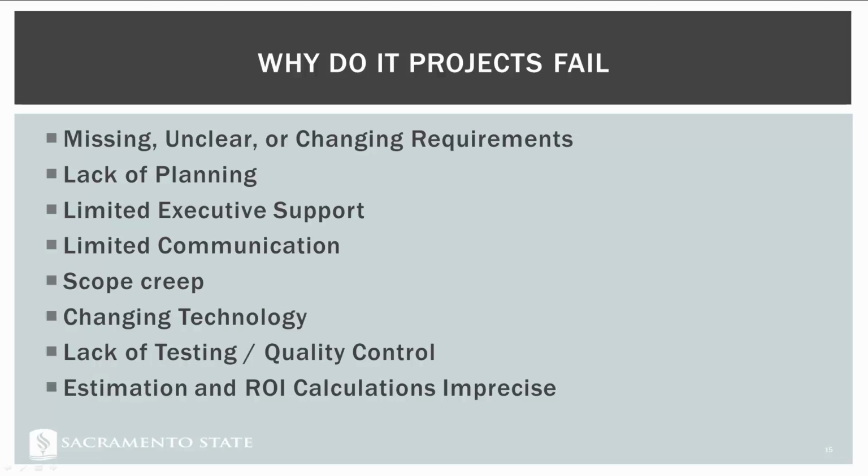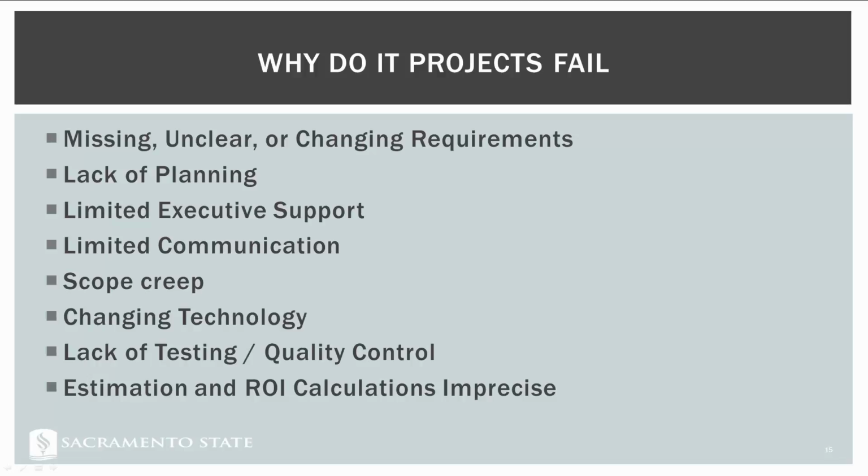The third item is limited executive support. Now, every organization is slightly different, but you should never undertake a large enterprise-level project, something that costs a lot of money and can influence a number of different aspects of the organization, without some fairly high or very high executive support. Small projects might be a little bit different.